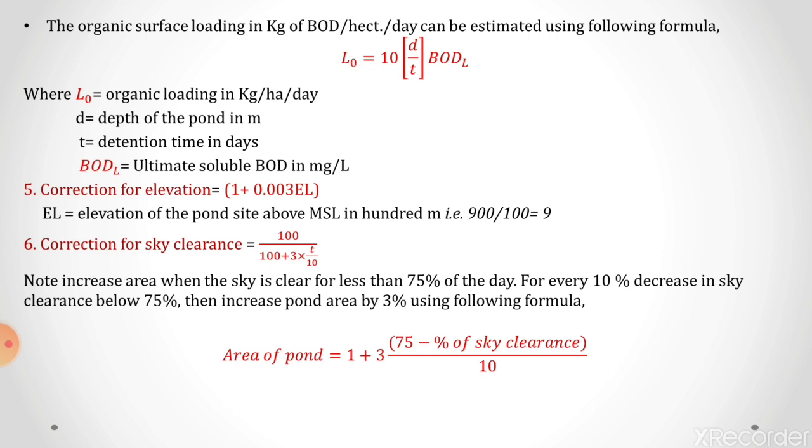So it is very clear that for every 10% decrease in the sky clearance below 75%, a 3% increase should be made in the pond area, so that sufficient area will be available for photosynthesis and for the sunlight. If it is above 75%, then there is no need of carrying out the sky clearance correction.